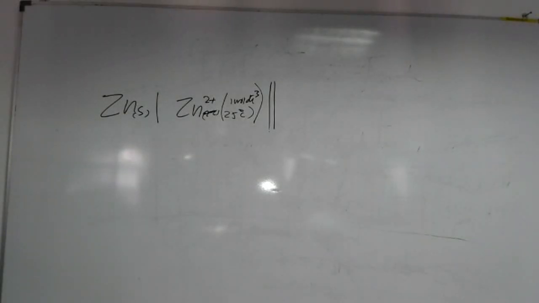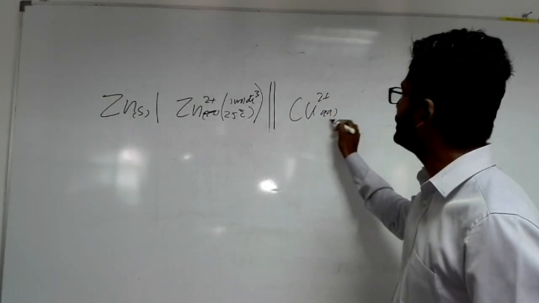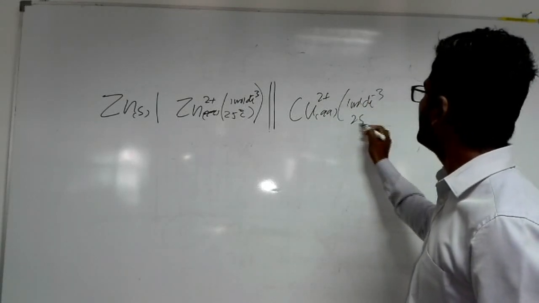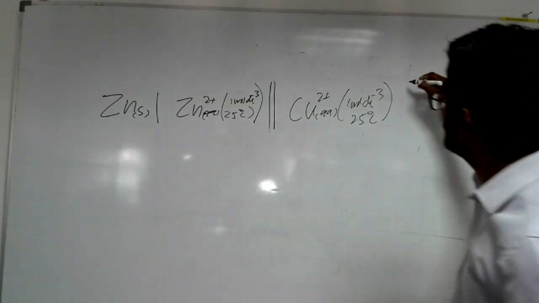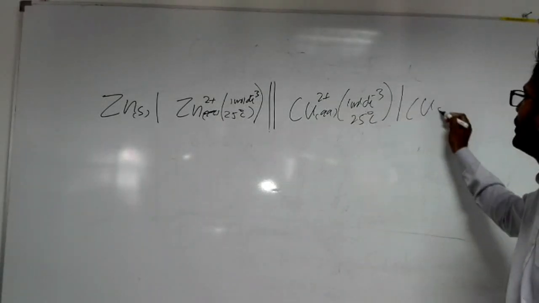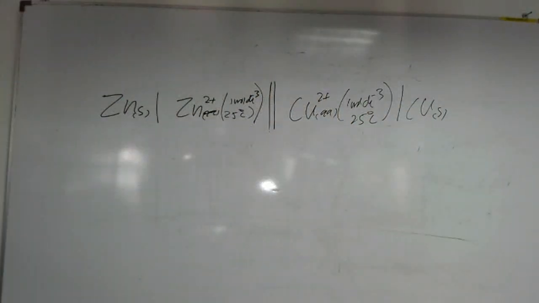The reduction part here is copper 2 plus, aqueous, 1 mole per cubic decimeter, at the stated temperature, with the separation between phases. That is enough. So this is the standard cell notation for the previous example.